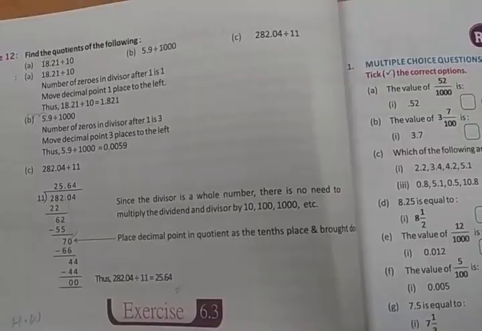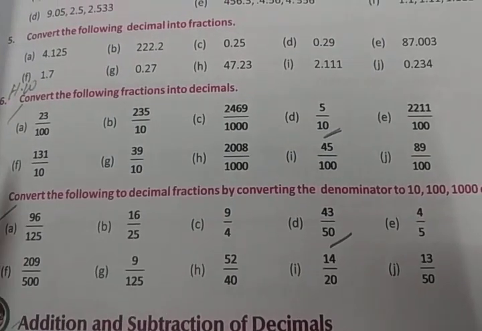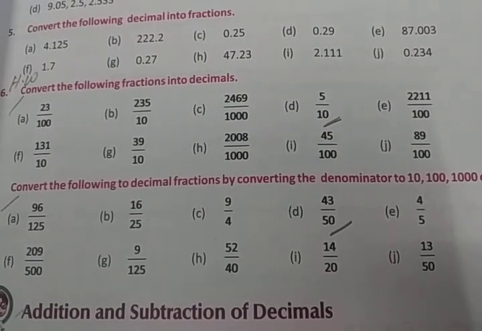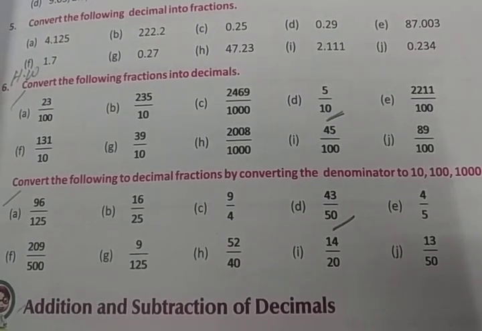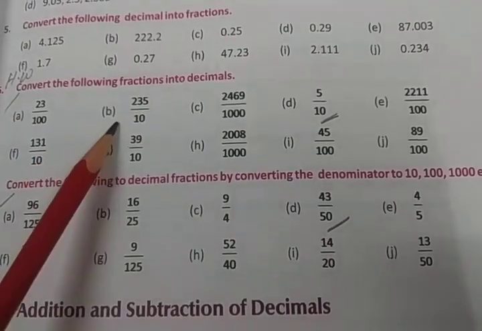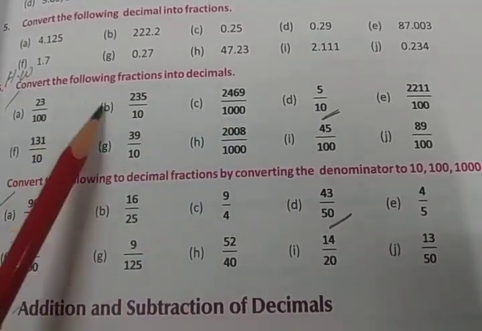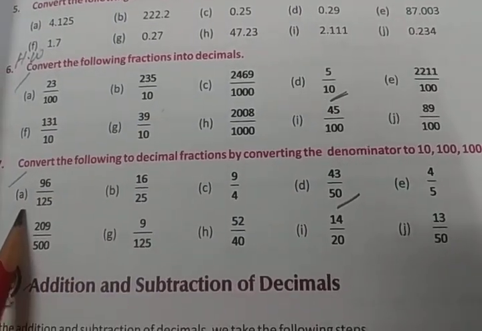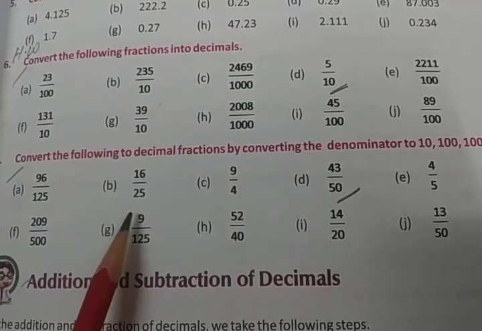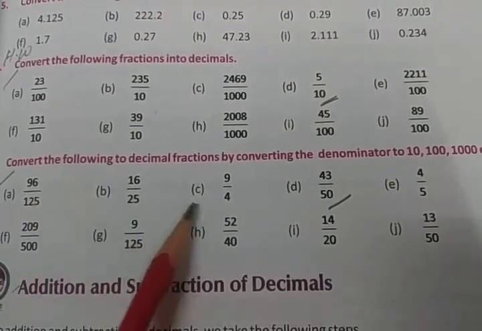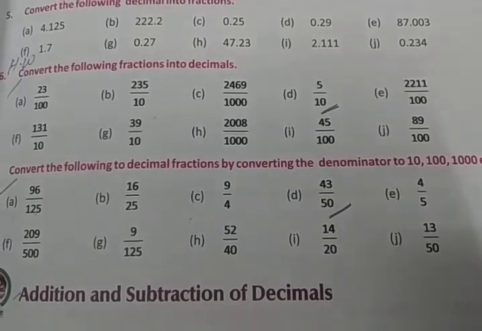Now you have to do this homework in your classwork. As I said before, in the classwork you have to make 2 halves. The second half will be the homework part. There you have to solve and keep. The first 4 problems: convert the following fractions into decimals. Then the second: convert the following decimal fractions by converting into denominators, divide and give the answer.